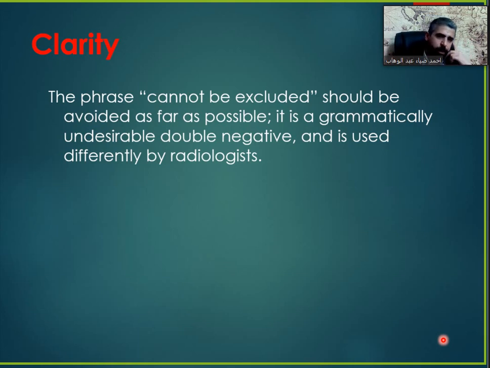For example, if you write a spiculated 4 cm lung mass, bronchogenic carcinoma cannot be excluded, what you mean to say is a spiculated 4 cm mass, bronchogenic carcinoma is likely. So try to avoid the phrase cannot be excluded. You say is likely to make it clear.